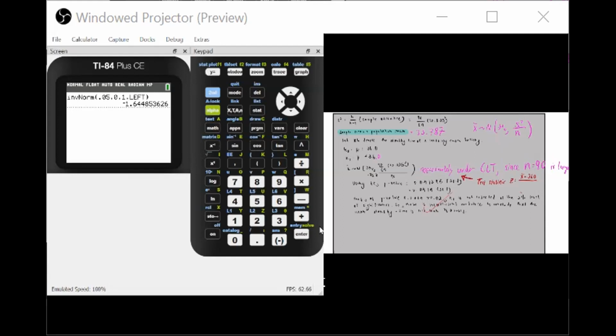The 90 over 89, S square. Is it just S square? No, it's S square over n. The n. Yes, correct. So this entire fraction. So let me just copy it down.